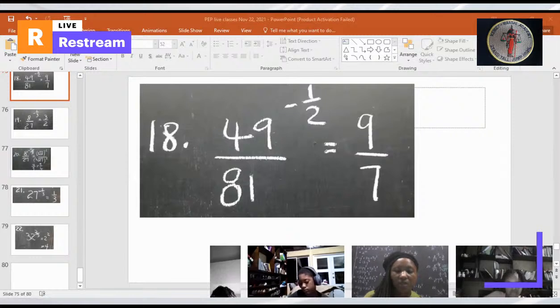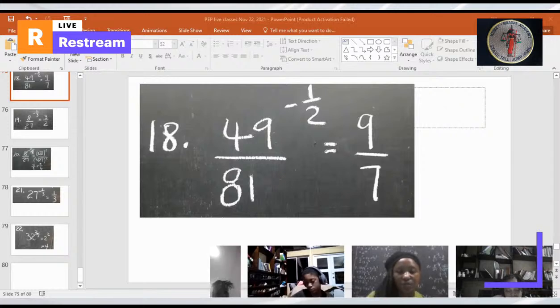So remember, the brackets were left out for the fraction in number 17 and 18. They should have been completely in brackets, the entire fraction. So we're raising something to a fractional power. That means we're going to find the root. The denominator tells you the root, the numerator tells you the power. And since it's a 1 in the numerator, you're raising it to the power of 1, you'll get the same thing.